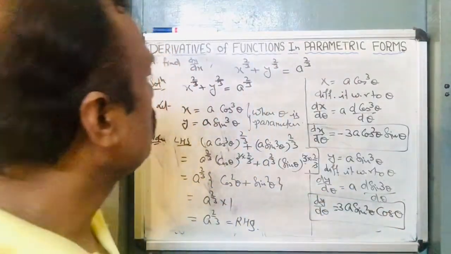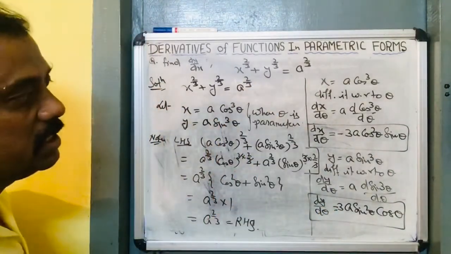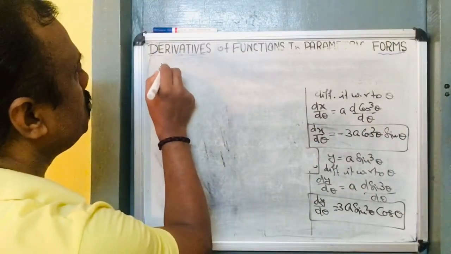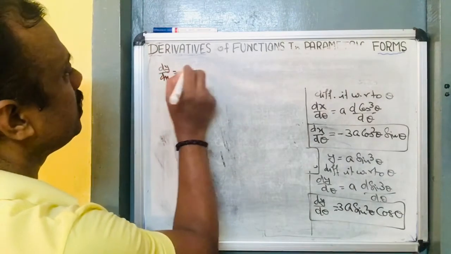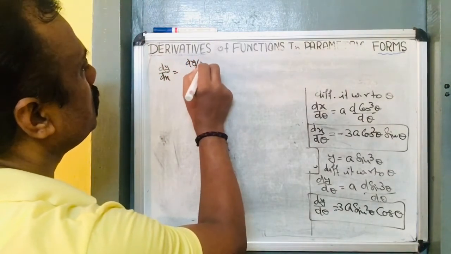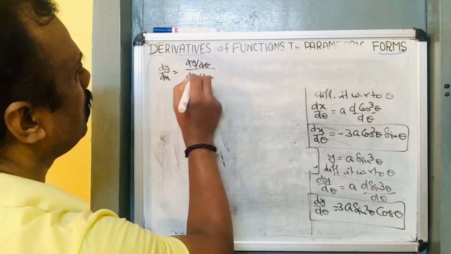Now using the relation we can find dy by dx. Now dy/dx can be written as d by d theta of y upon d by d theta of x.